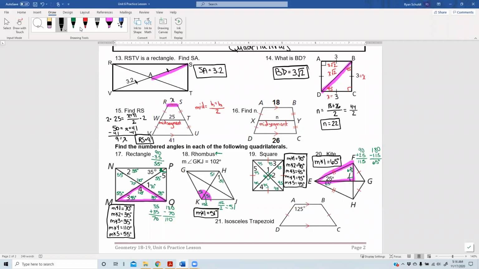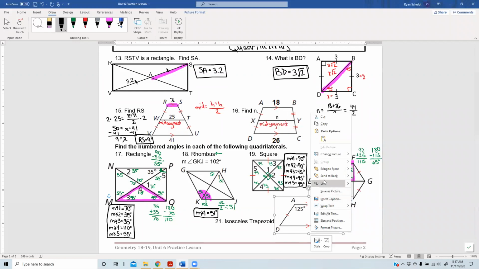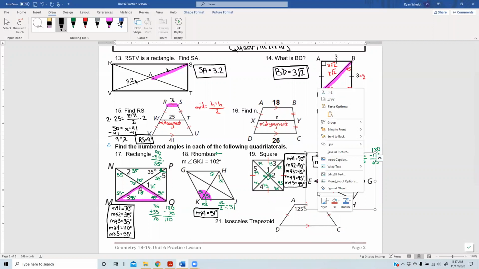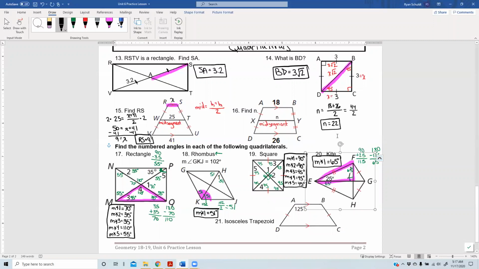So, in conclusion, the measure of angle 1 is 65 degrees. Now, for this isosceles trapezoid, it may have disappeared on us, or it may not have been there to begin with. But yeah, I don't see a numbered angle. So what we can do is just do all the angles.